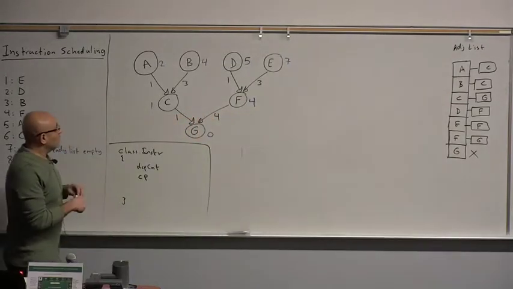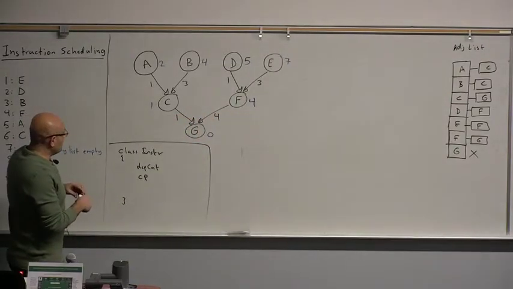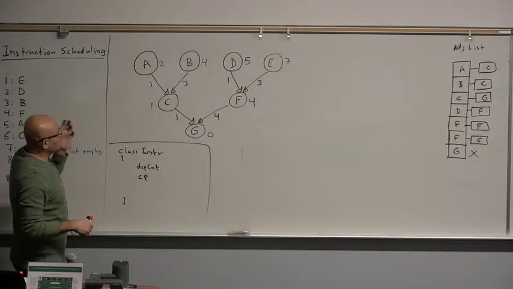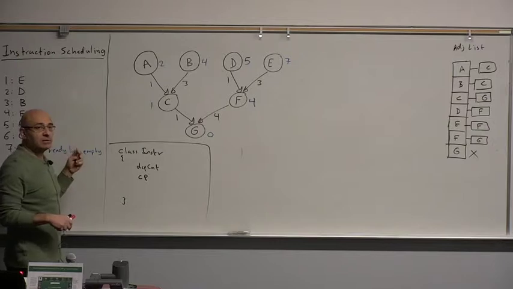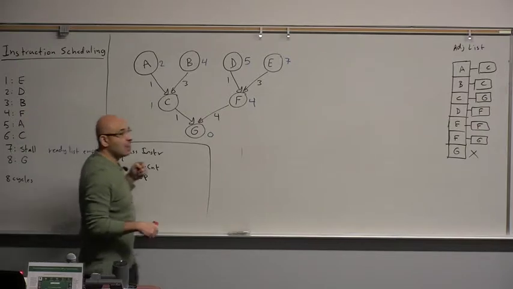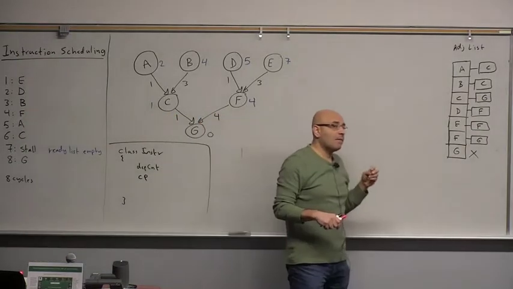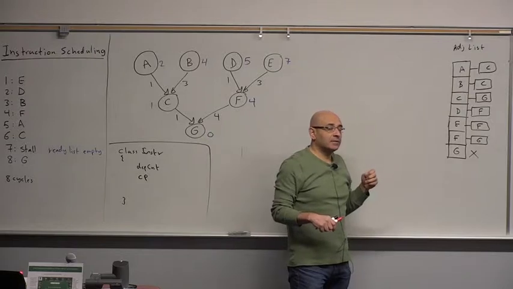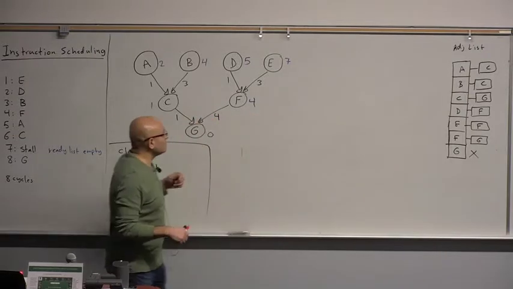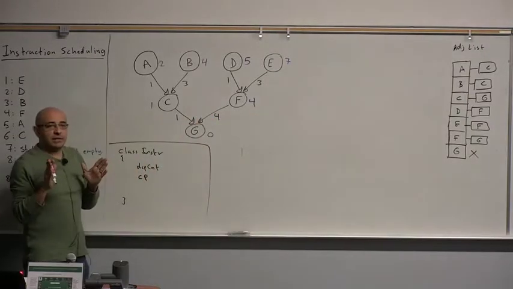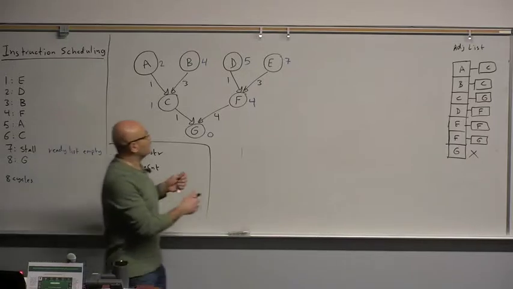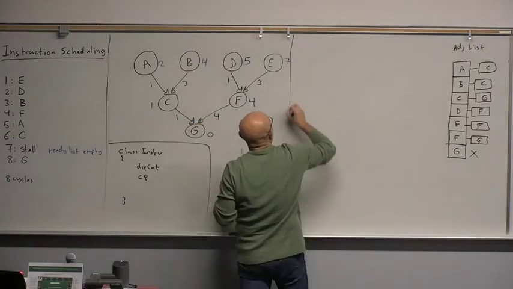Okay, so how does the list scheduling algorithm start? What's the first step? So it's based on the notion of the ready list. Yeah. So okay, so let's write the code here.